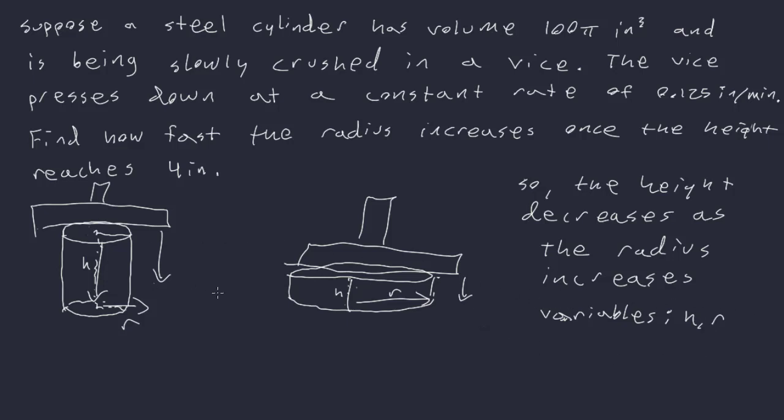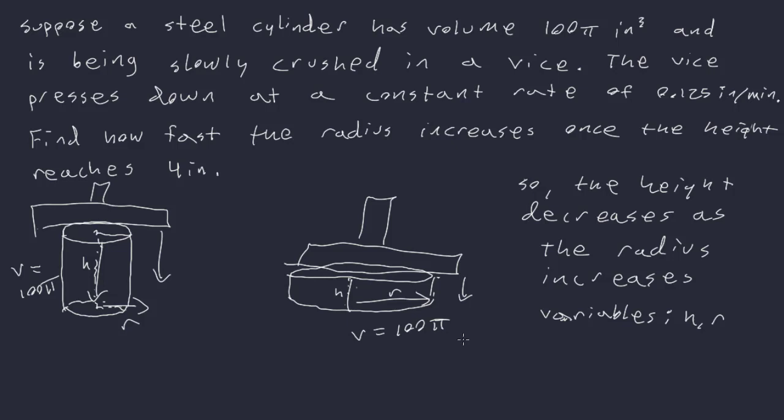But while this is happening, based on the scenario here, the volume is constant. The volume here is 100 pi, and the volume here should also still be 100 pi cubic inches. The volume of the cylinder is not changing.